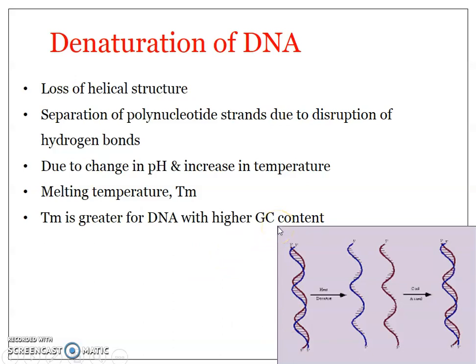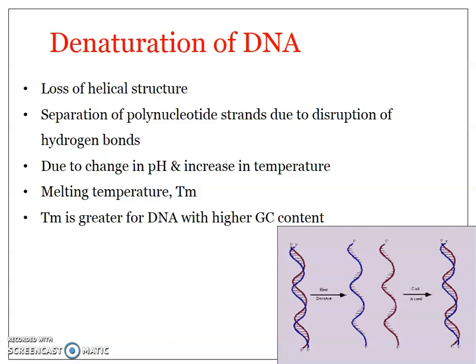When there is a high amount of GC content in the DNA, the melting temperature increases. Why is it so? Because there could be only two combinations, GC or AT. Between G and C, there are 3 hydrogen bonds, while AT base pairs are bound by only 2 hydrogen bonds.